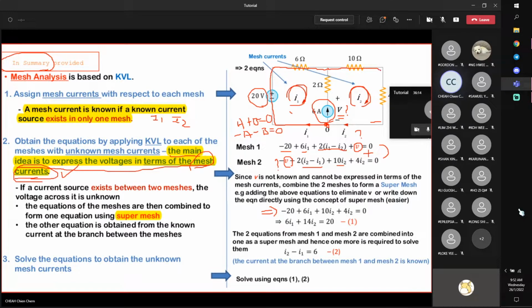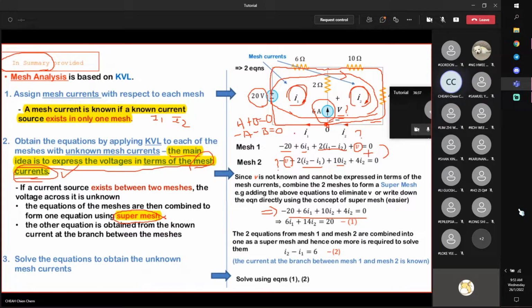If you take a longer path, you can still come back to the same point. That means that I write down another equation by going one big round, which combines the 2 meshes together. That's why it's called a super mesh. And at the same time, I can write down one equation in terms of I1 and I2 only.